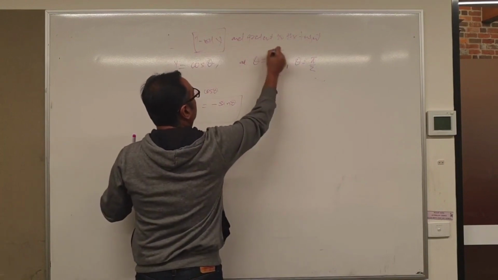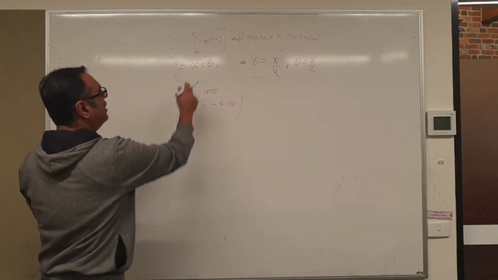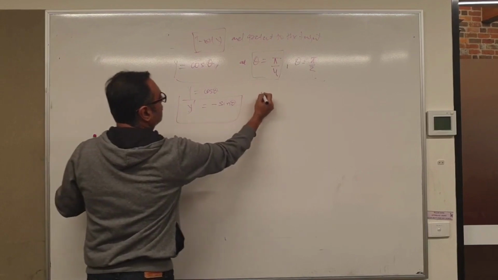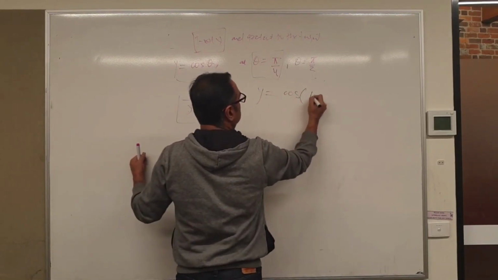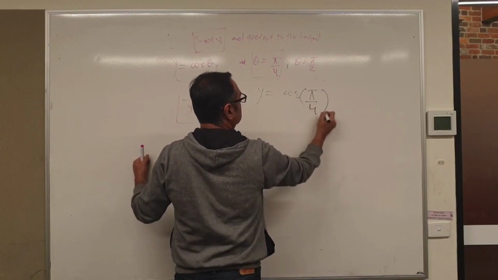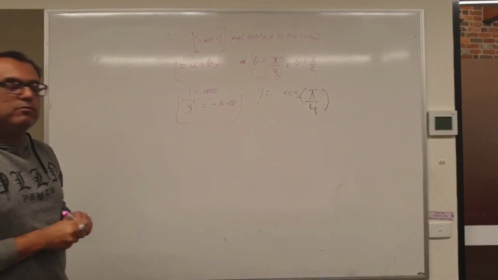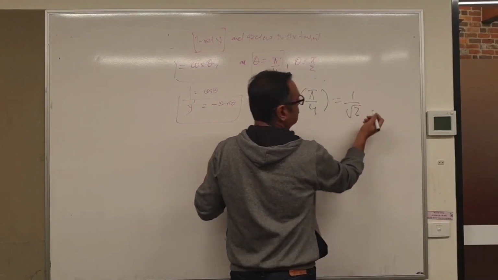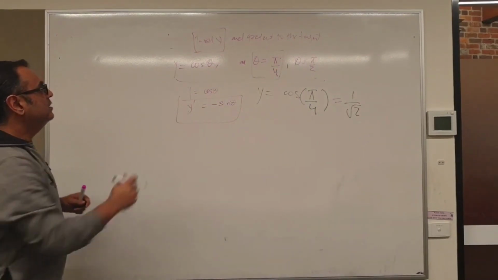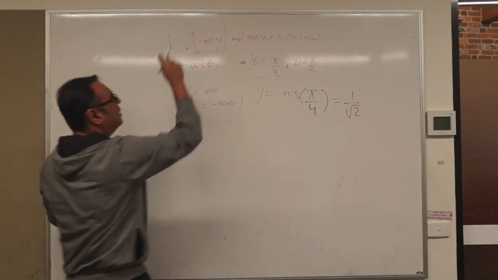At pi by 4, what is y? My y equals cos pi by 4. Right? What is that value? 1 over root 2, or root 2 over 2. So the first part of the question is done for this particular value.